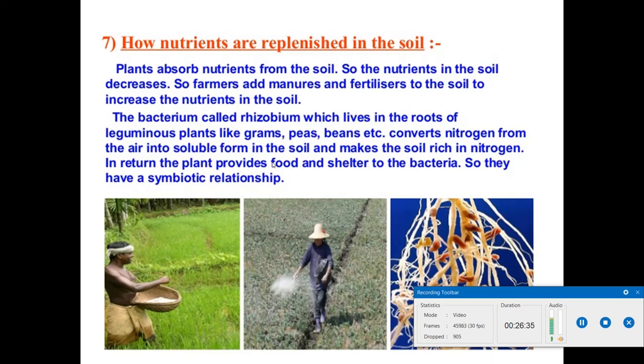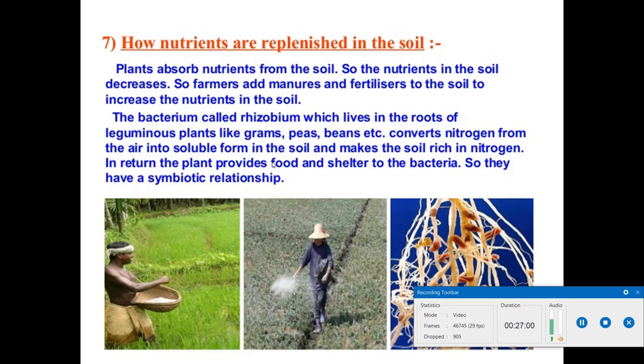These plants absorb nutrients from the soil, so the nutrients in the soil decrease. You might have observed farmers add manure and fertilizer to the soil to increase the nutrients in the soil. But this is naturally done by, again, the symbiotic relationship of organisms.